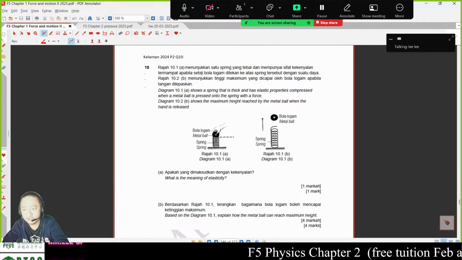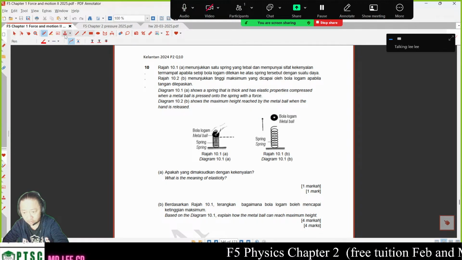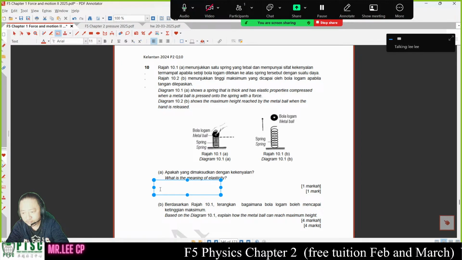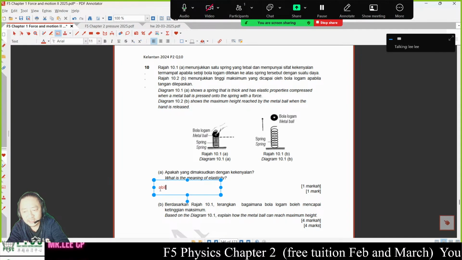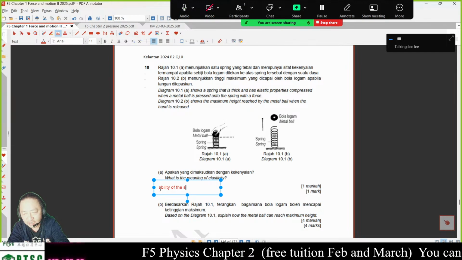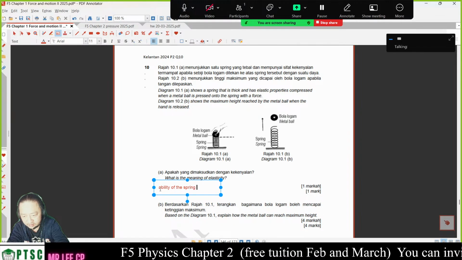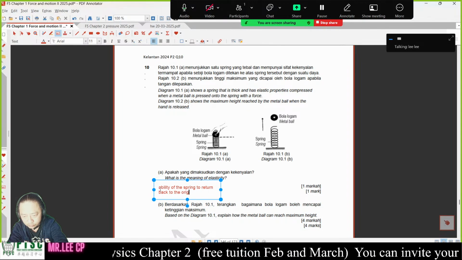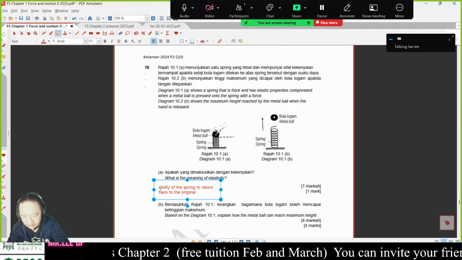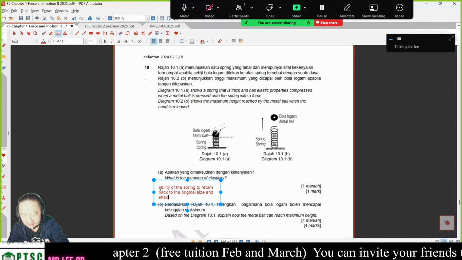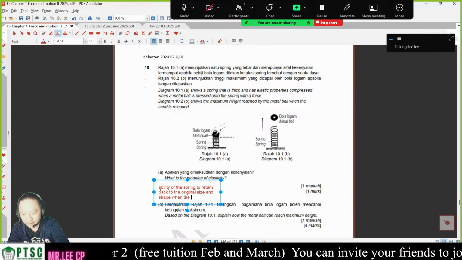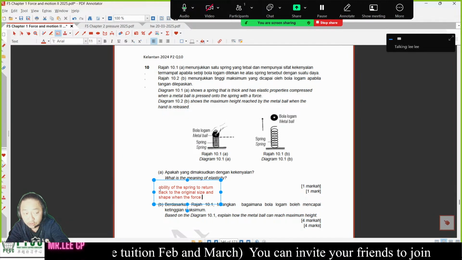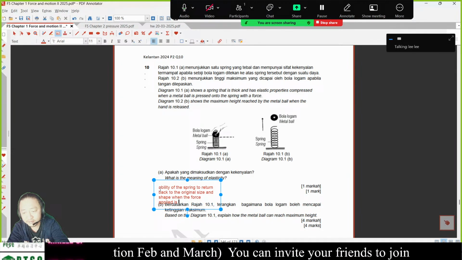So you compress and then you let go. What is meant by elasticity? Elasticity is the ability of the spring to return back to the original size and shape when the force applied is removed.